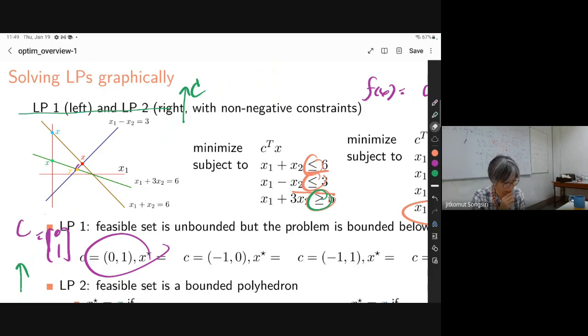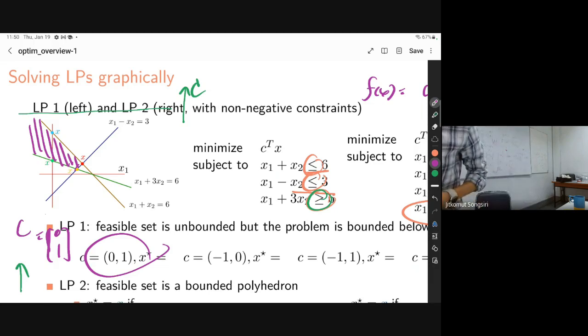Sorry, I think I drew the region incorrectly. Previously we talked about LP1. For LP1, the constraint set is this. Sorry, but that doesn't change the solution. Now still stick to LP1. For this C, you say that X star is the yellow point. My message is observe that your constraint set is unbounded.